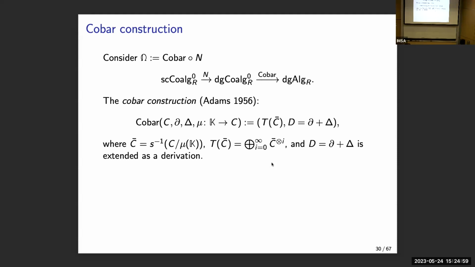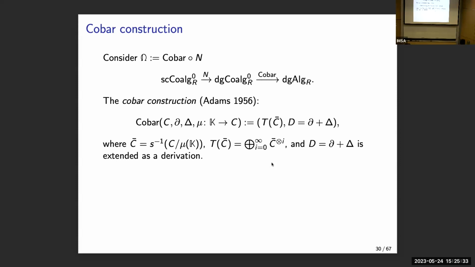And now you take the tensor algebra on this R-module. That means you take the direct sum of tensor powers of C bar. You take non-commutative monomials generated by this R-module, right? And then you extend the sum of the underlying differential and the coproduct as a derivation to this free algebra.